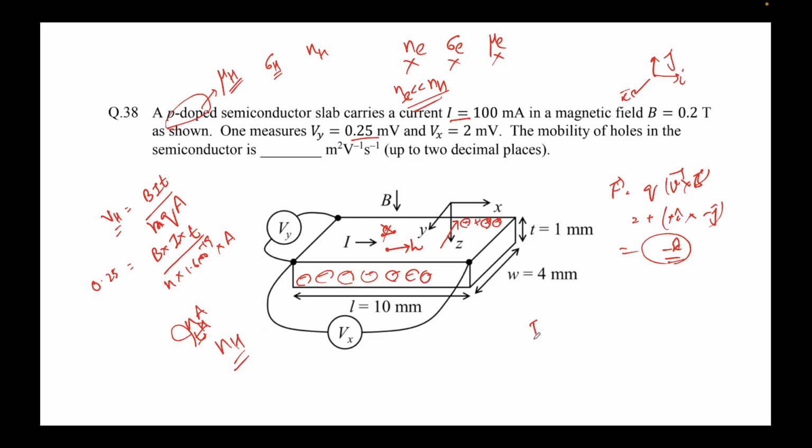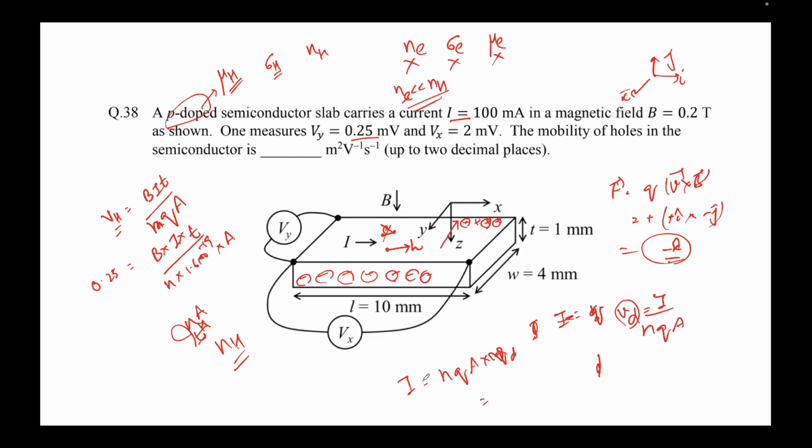Then what we do is simply, we know that current equal to Q times... sorry, drift velocity will be equal to current divided by NQA. So I can write I equal to NQA into V_D.